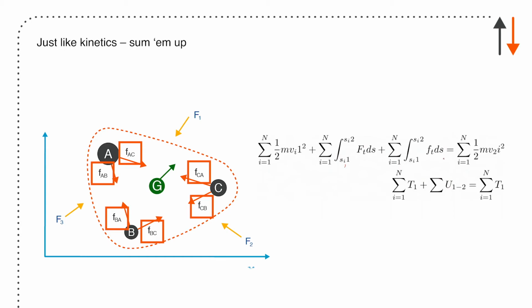Sum up all the initial kinetic energies, sum up the work of external forces, and that equals the final kinetic energies. So here you have T1 plus work equals T2, the final kinetic energy of the system. So I can sum it up for each of the individual particles, and only the external forces do work.